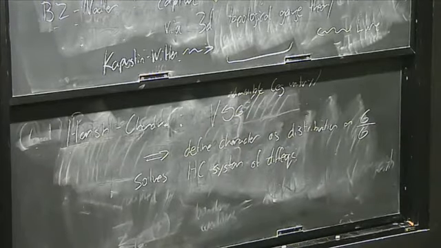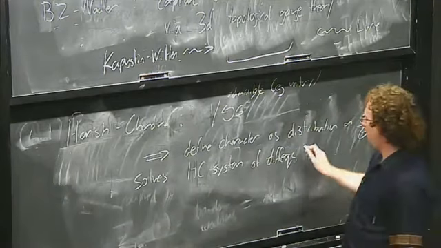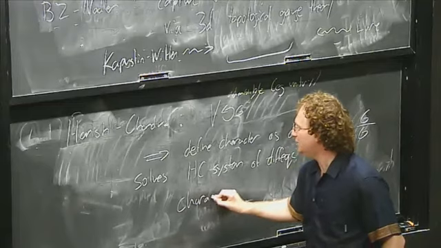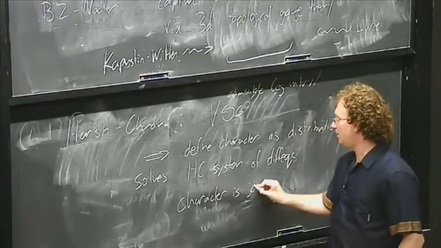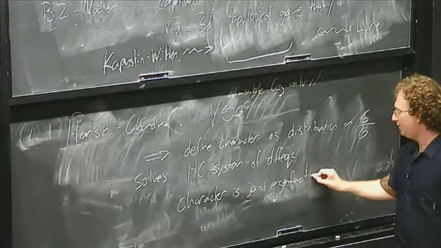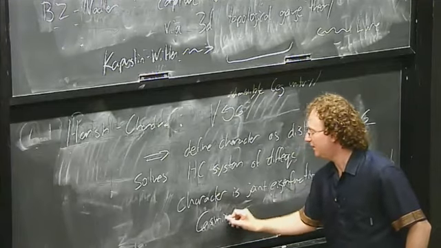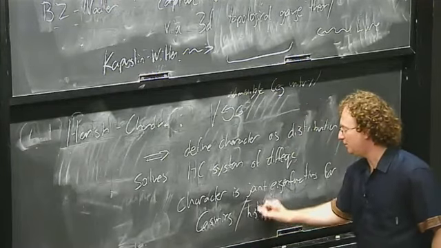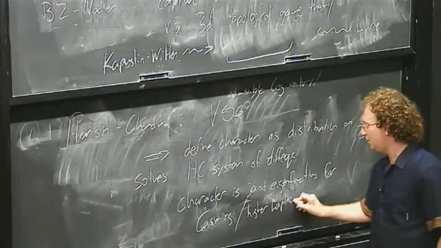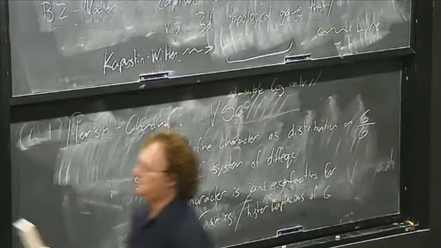It says the following: if you look at the character, if it's an irreducible representation, it's going to be a joint eigenfunction for all the Casimirs of the group. In the context of symmetric spaces, these are called the higher Laplacians of G.